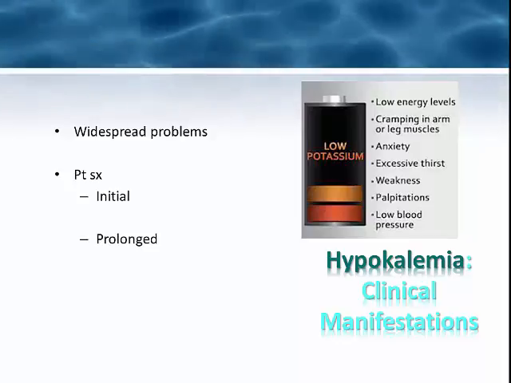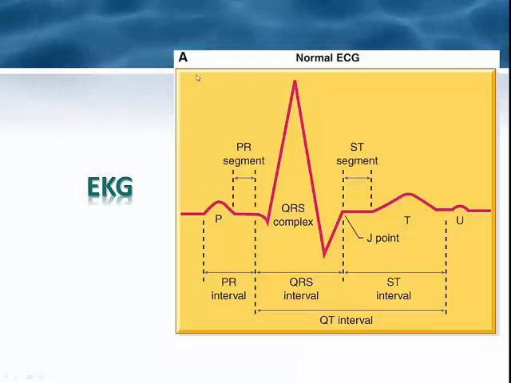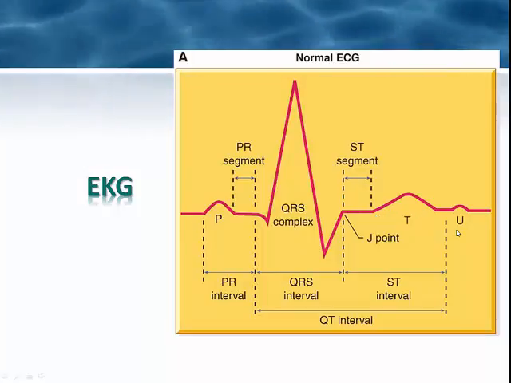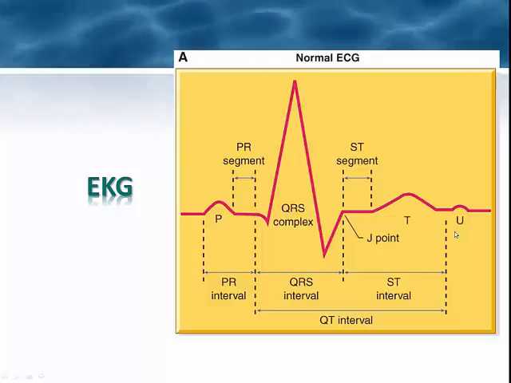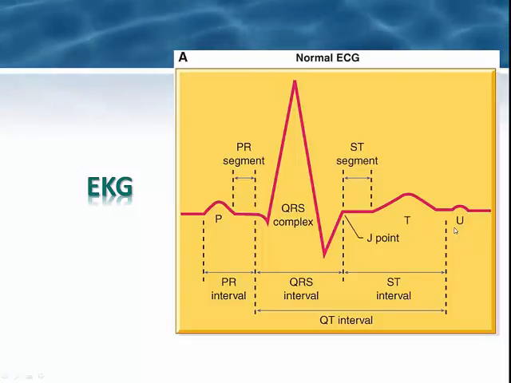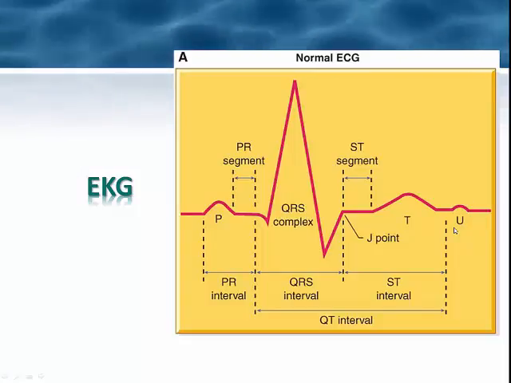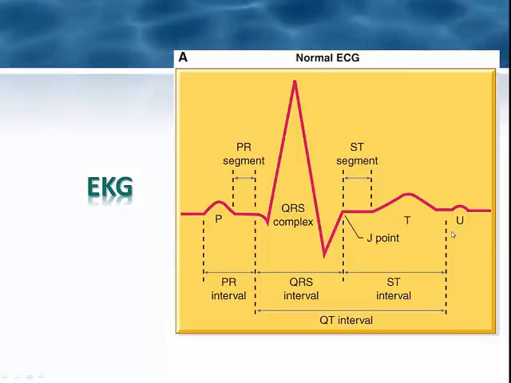You get deep depressed ST segments, and that's this part here that becomes depressed. The T wave becomes flattened or inverted, and there's a development of an elevated U wave, which is this. And this is saying that the cardiac muscles are not getting enough potassium.